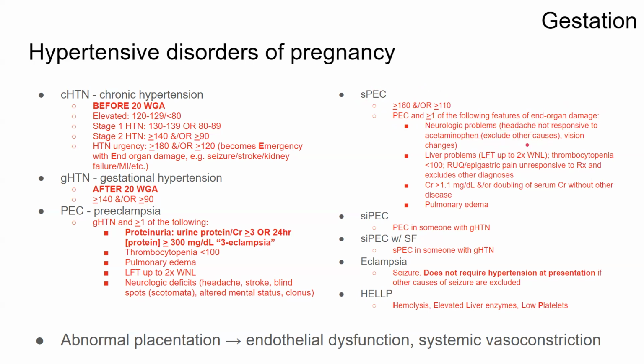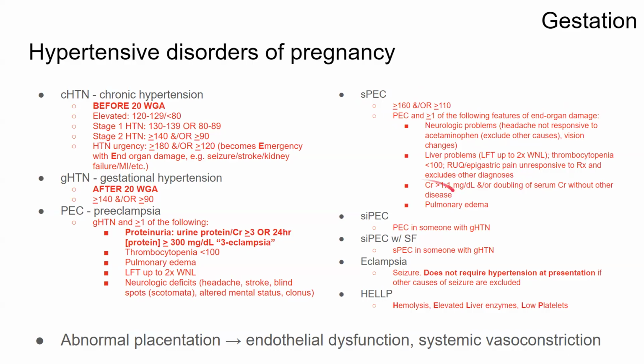Or if they have vision changes, and then liver problems. So you see elevated LFTs, thrombocytopenia, because the liver produces thrombopoietin, right upper quadrant pain or epigastric pain that's unresponsive to meds, and you also exclude other diagnoses.